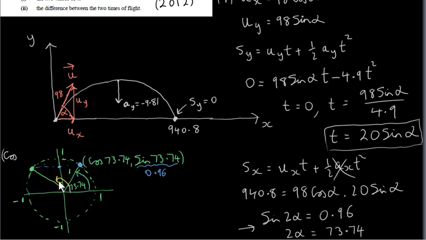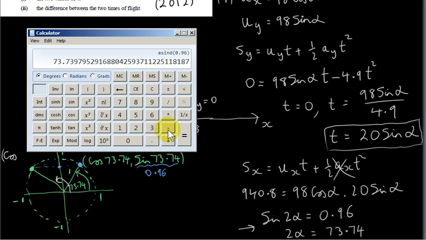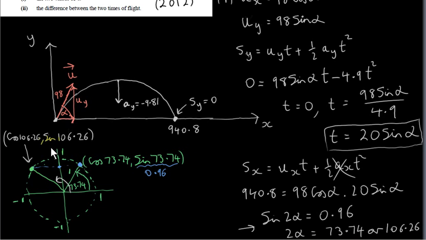So what is this angle? Well, it's 180 minus 73.74. So to two decimal places, we get 106.26. So we see that the sine of 106.26 is also 0.96. So there are two values for the angle, which is 2 alpha.